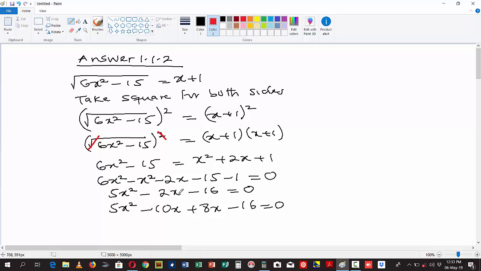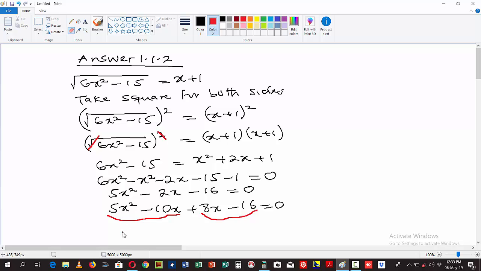So we are fine with the minus 10 and positive 8. So now we have a complete factorization expression. Let us factorize it now.